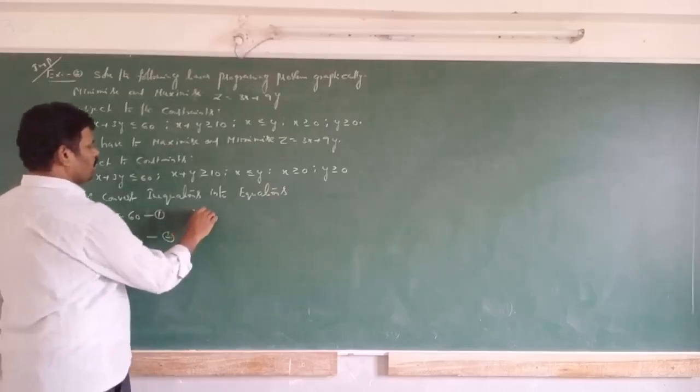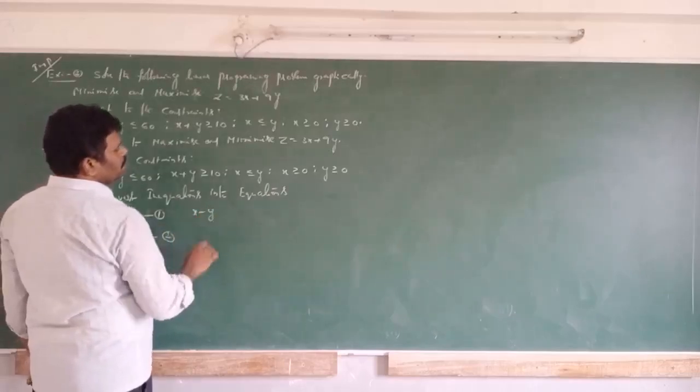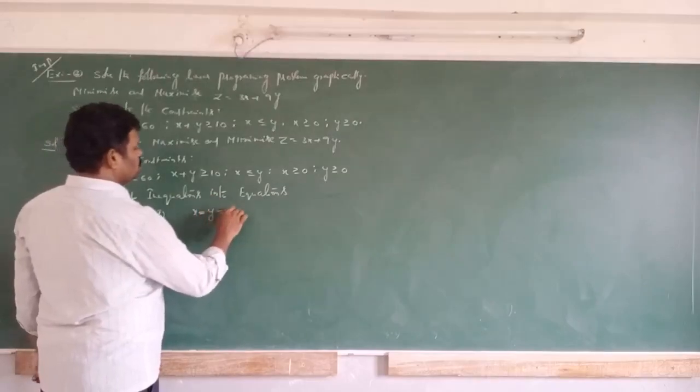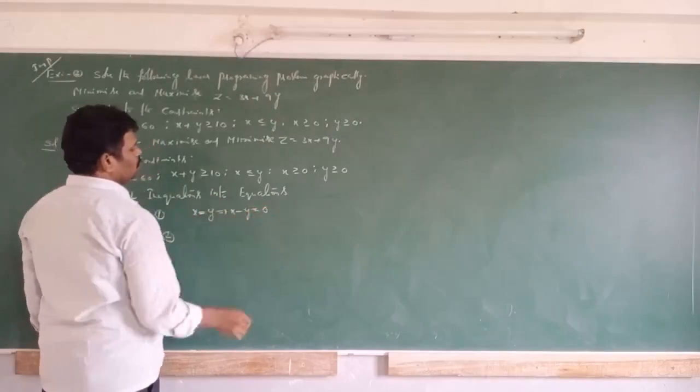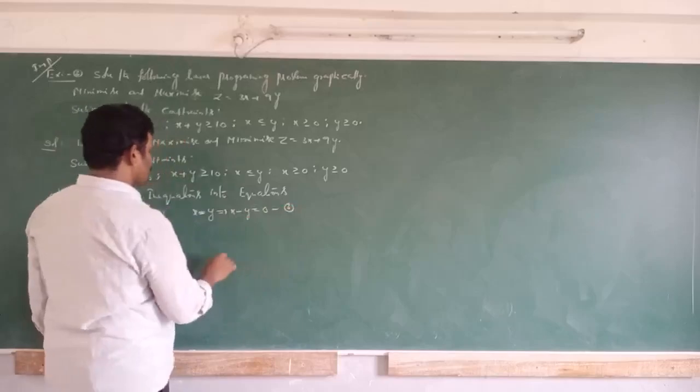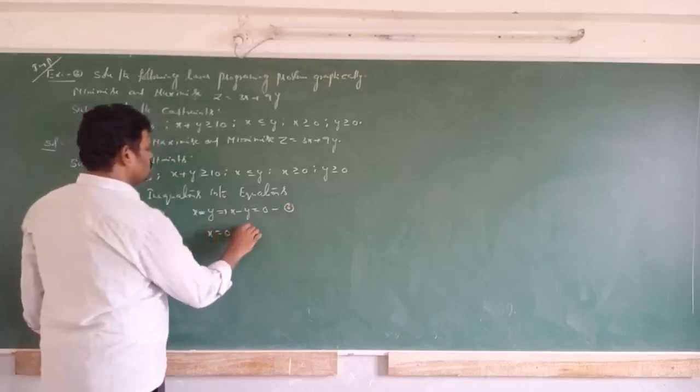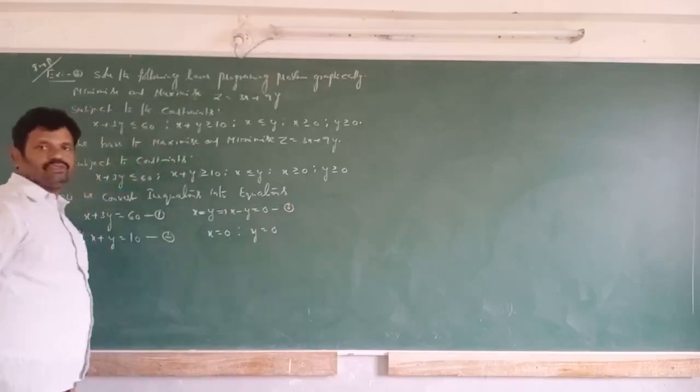Another one, x is equal to y, or x minus y is equal to 0. This is equation 3. Next, x is equal to 0 or y is equal to 0.